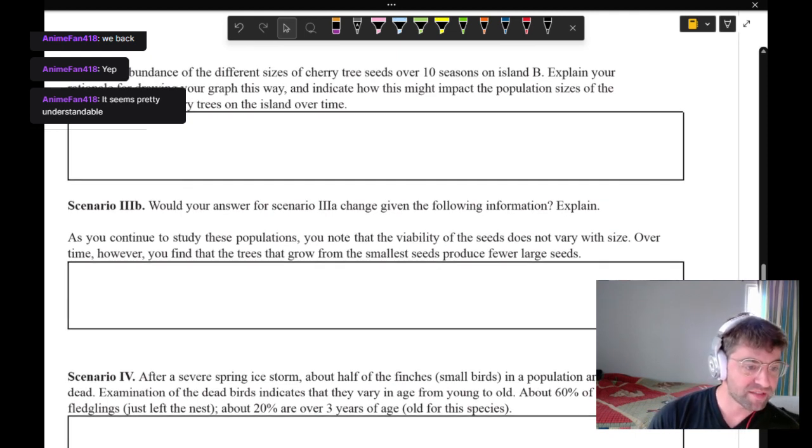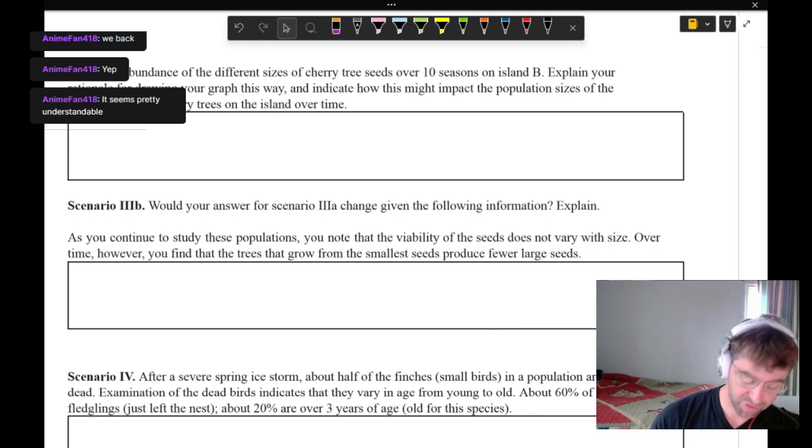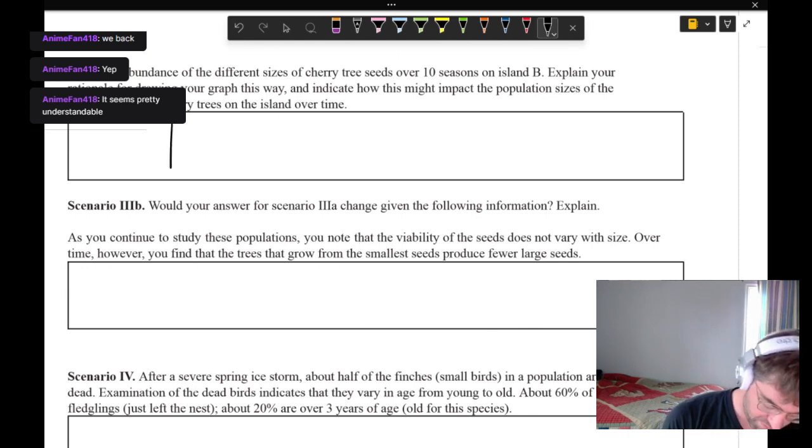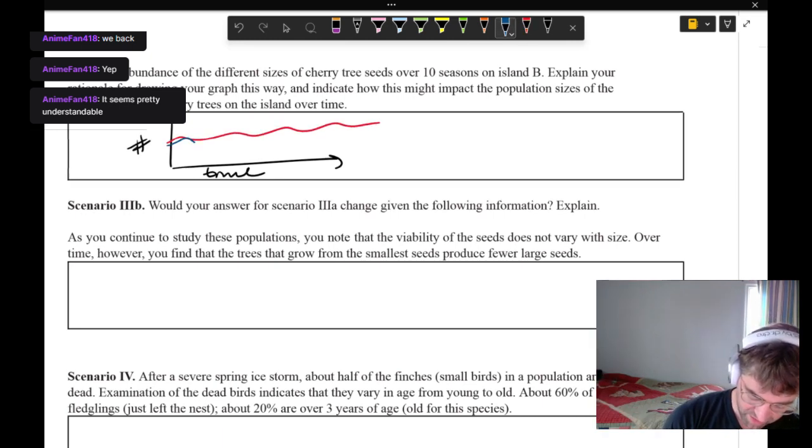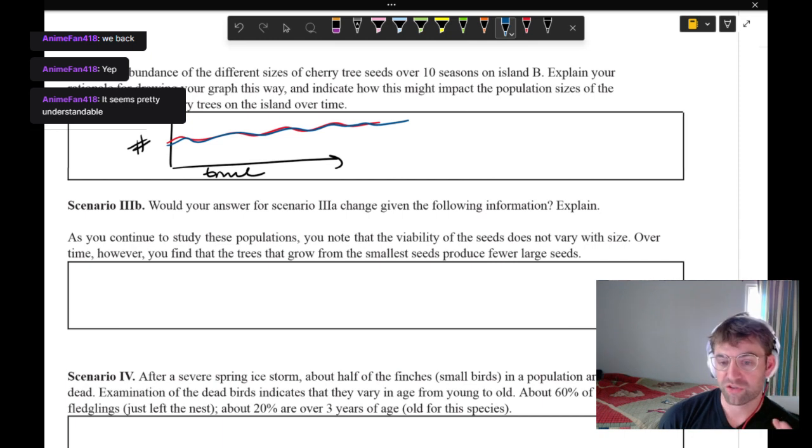Graph the abundance of the different sizes of cherry trees over 10 seasons on Island B and explain your rationale for drawing the graph this way. I don't think we need to hammer this one too hard. Whereas before we were seeing a really big difference over time, we should see trends that kind of match each other in this case.